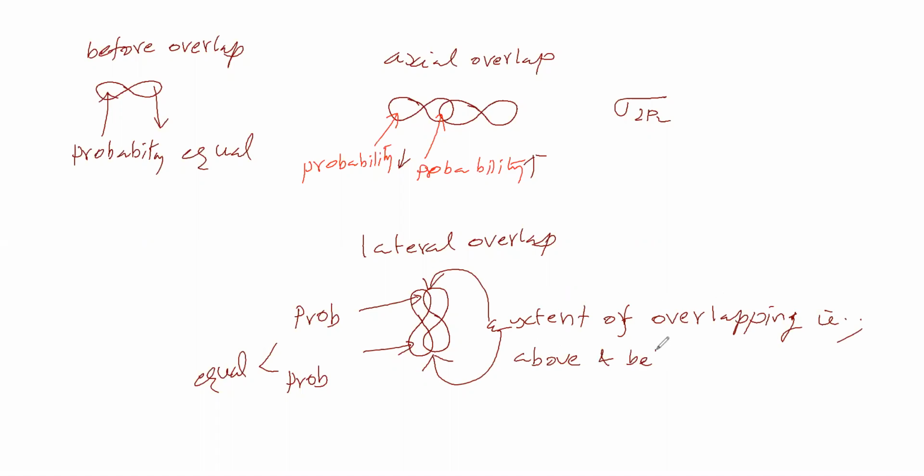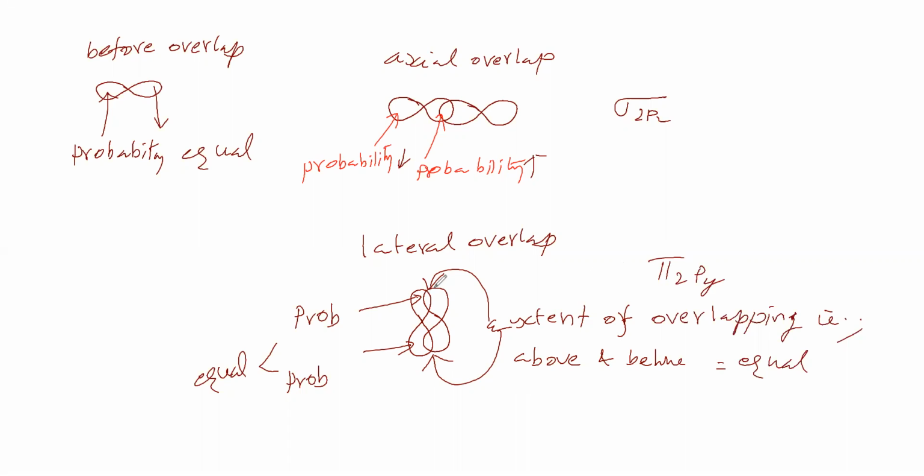The extent of overlapping above and below will be equal. Equal manner it is there. This results in pi 2py.